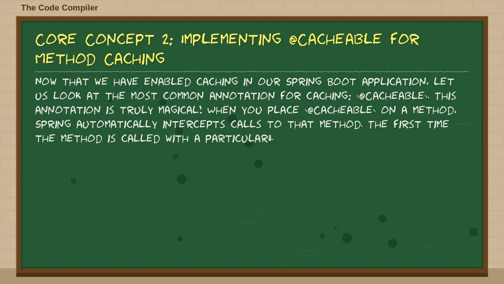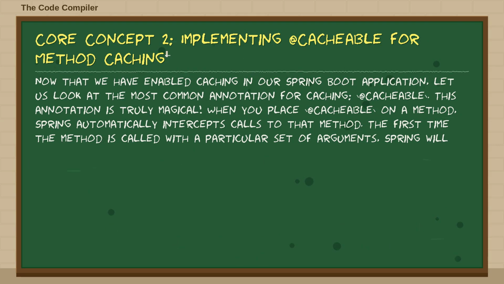The first time the method is called with a particular set of arguments, Spring will execute the method, store its return value in the cache, and then return the value to the caller. For all subsequent calls to that same method with the exact same arguments, Spring will not execute the method again. Instead, it will simply retrieve the result directly from the cache and return it.